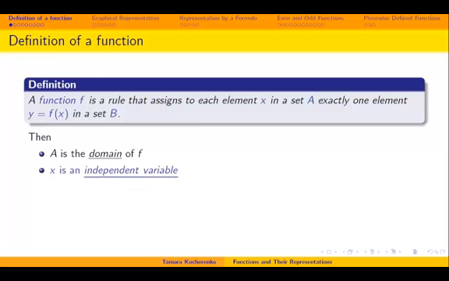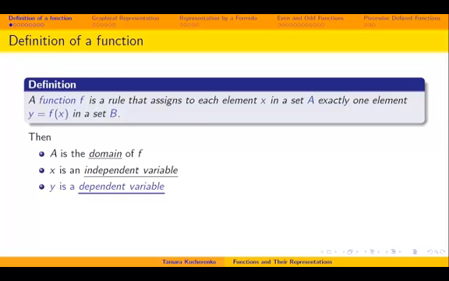A symbol representing an arbitrary element in the domain is called an independent variable. Here it is denoted by x, but any other letter could be used as well.